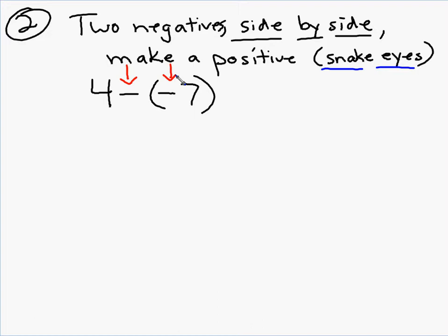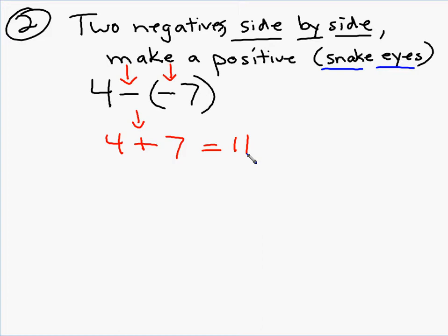So we have two negatives side by side. Those two side by side become a positive. Now what we're going to do with this is rewrite it. This is going to become 4 plus 7. Not 4 plus a negative 7, 4 plus 7. Okay? And so the answer to this one is 11.